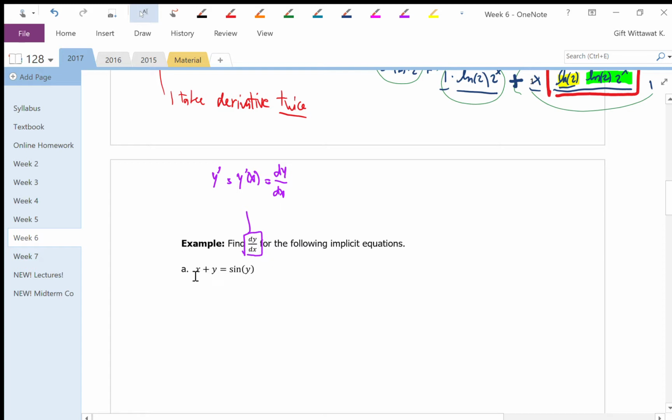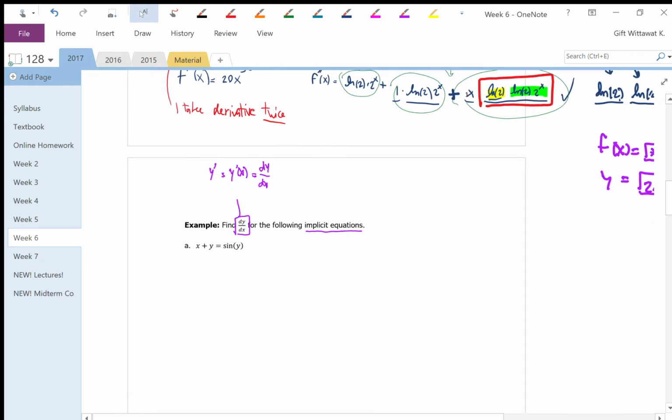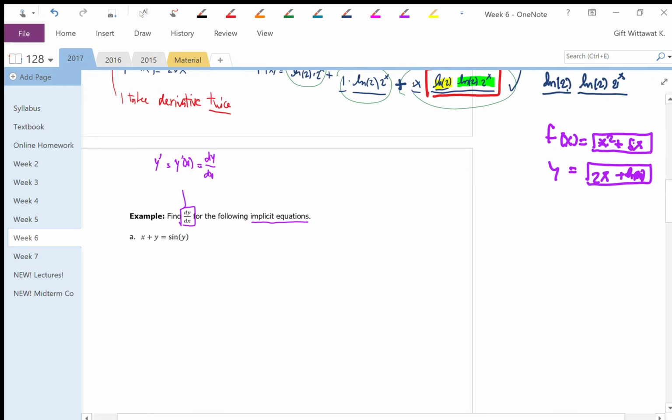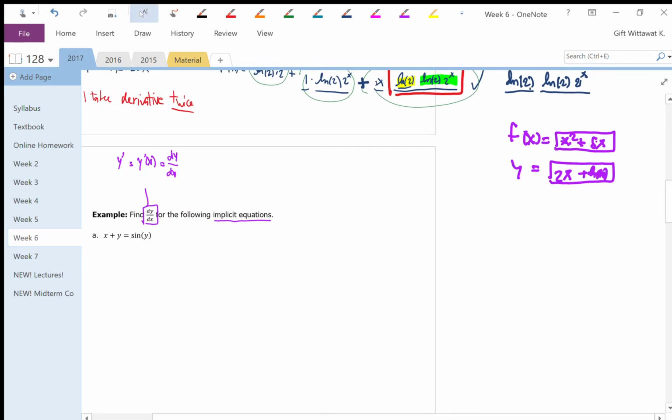When you have a function where x and y kind of got mixed up together, these are called implicit functions. And there are steps that you can use to find dy by dx, or to find the derivative for this guy. Before I go ahead and show you the example, let me write down the principle first.